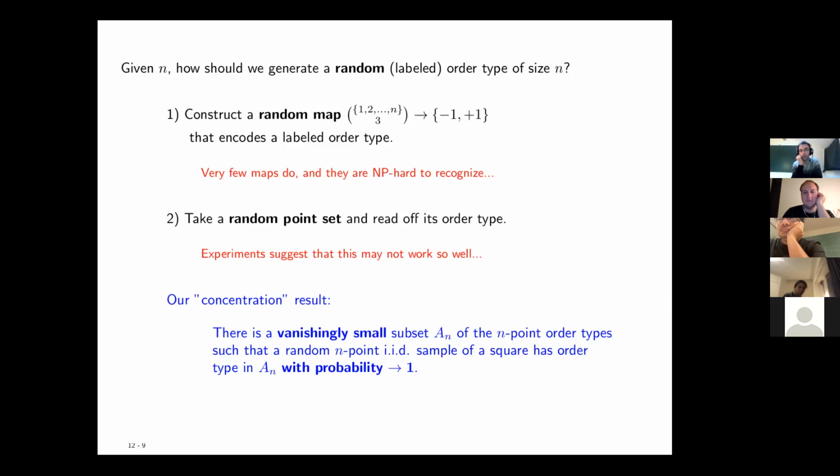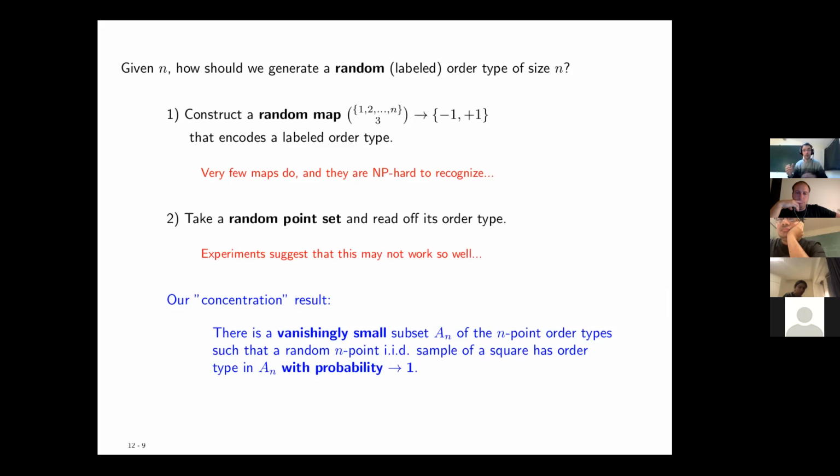But in fact, no. What we show is that when you sample points in a square, for any n, there is a subset A_n of the order types that is very small. So the cardinality of A_n becomes negligible compared to the number of order types. And as n goes to infinity, the probability that the random point set that you get has its order type in A_n goes to 1.